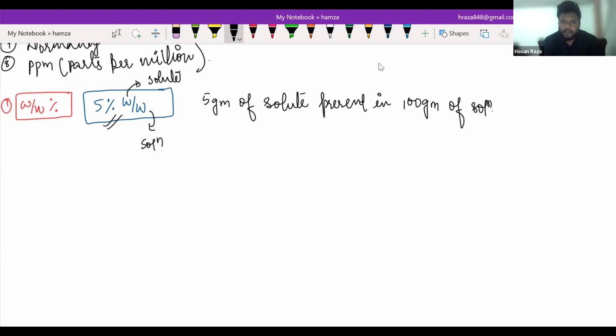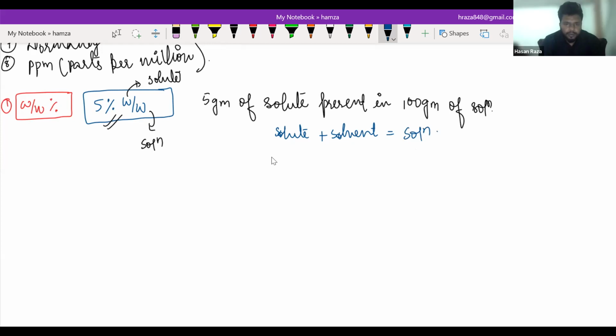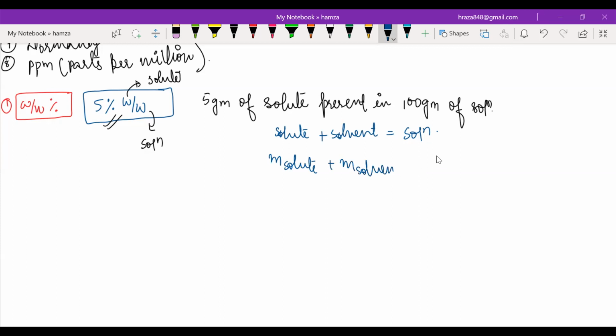Now you already know that solute plus solvent is equal to what? Tell me. Solute plus solvent is the solution. So mass of solute plus mass of solvent will be equal to mass of solution. Very good.